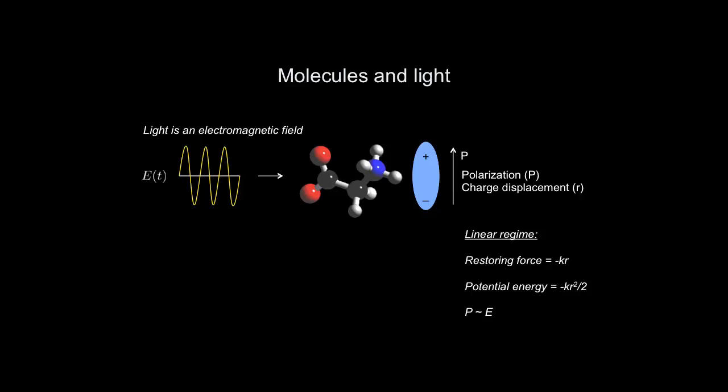Light interaction with matter. Light is an electromagnetic wave. It means it has an electric and a magnetic component. When the electric component of the field of the light interacts with the charges in the molecules of the material that the light is incident on, then it polarizes them, it displaces these charges from their equilibrium position, and it induces a dipole moment.